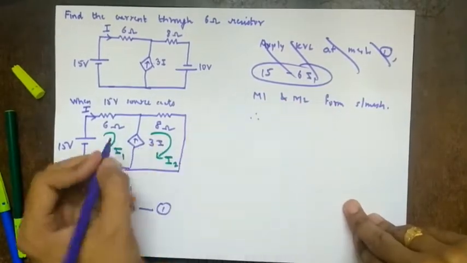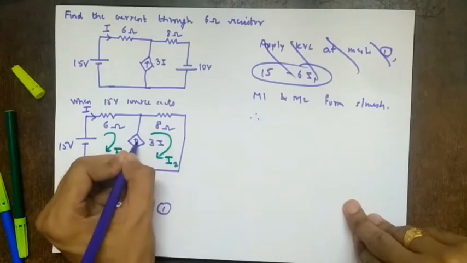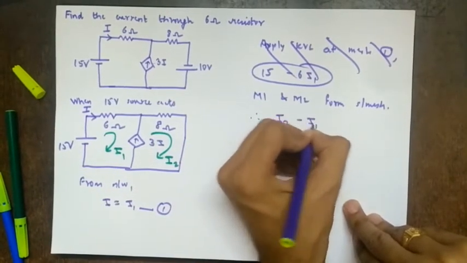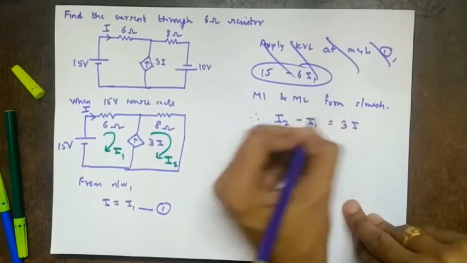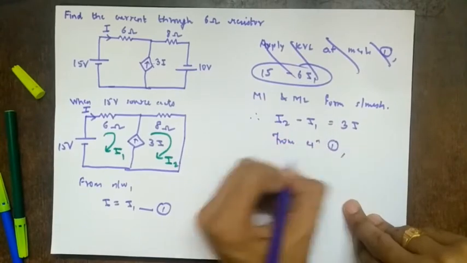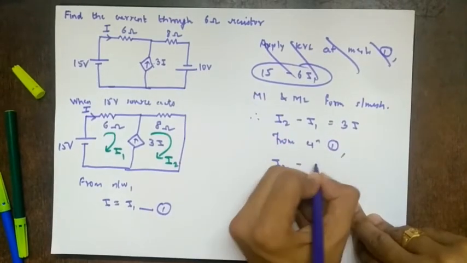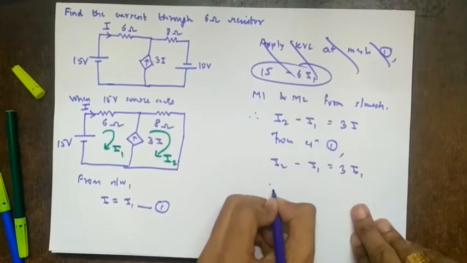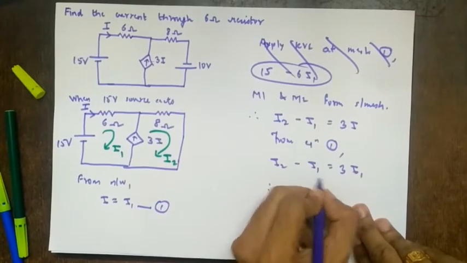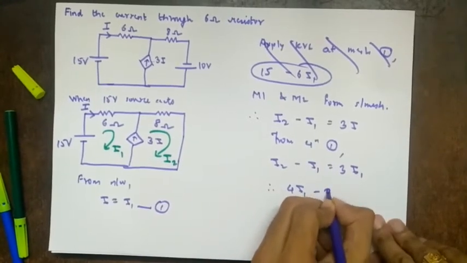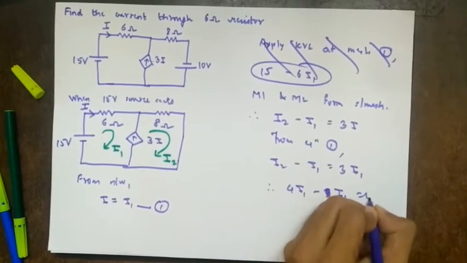So therefore what we can say, I2 and the 3i current source are in the same direction. So therefore I2 minus I1 equal to 3i. Then from equation 1, I is I1. So I2 minus I1 equal to 3 I1. So therefore 4 I1 minus I2 equal to 0.